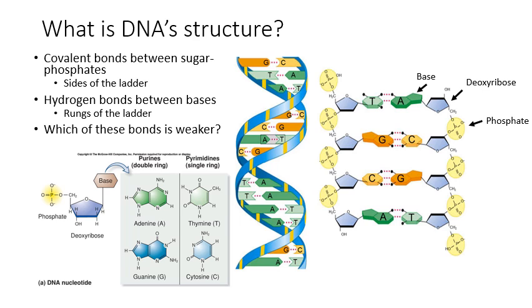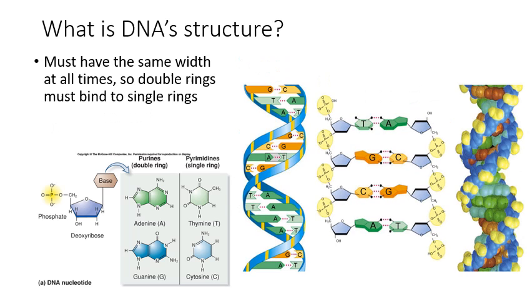So we have these double ring structures and the single rings. In order for the structure to remain strong and intact all the time, the cell only allows bonding in which we'll have the same width of our rungs of our ladder.